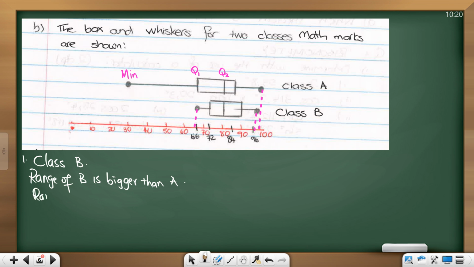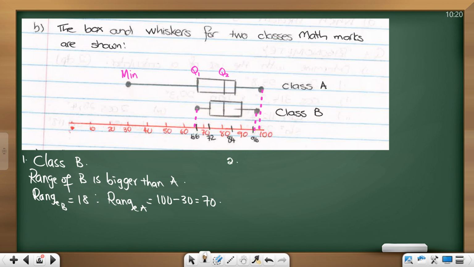Because what is the range of class B? We got 18, right? What about the range of class A? 100 minus what? 30. So that means the farthest to the lowest, it's quite a distance, eh? Makes sense? All right.